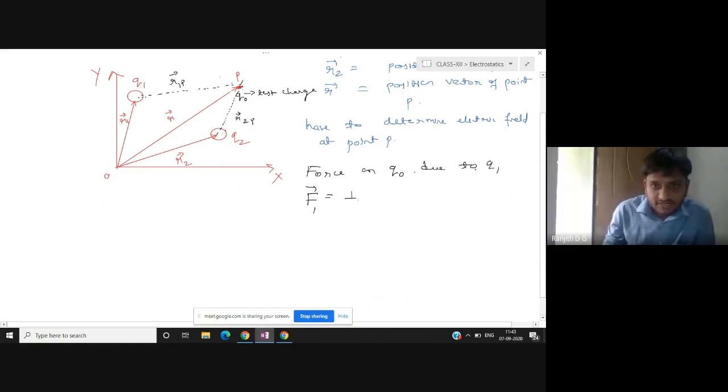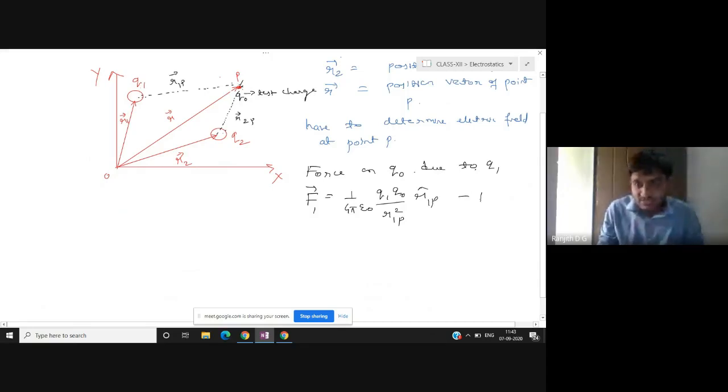That F1 vector is 1 by 4 pi epsilon naught Q1 Q naught divided by R square, where R here is R1P, that is the distance from Q1 to P. If I write R1P cap, that takes care of the direction.